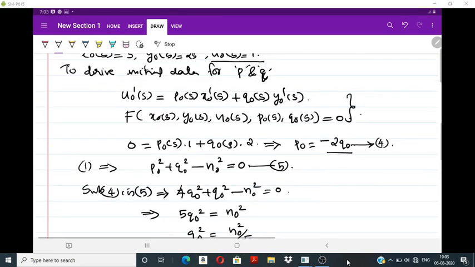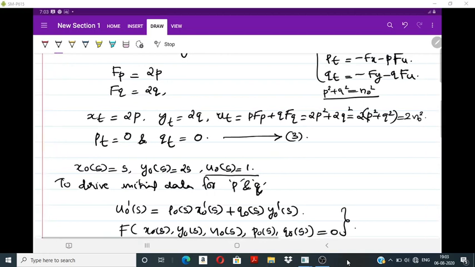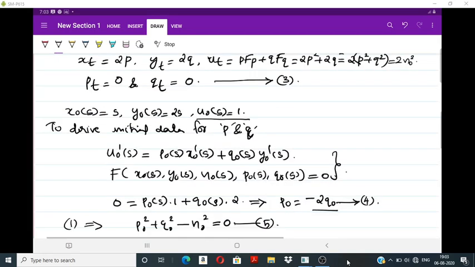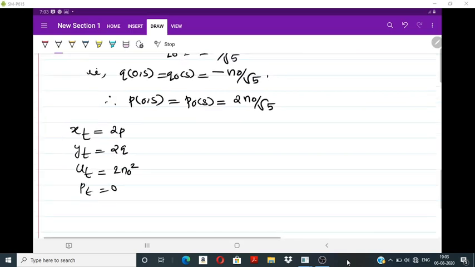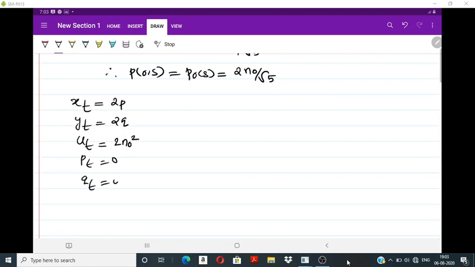What was u t from equation number 3? U t is 2 U naught square, p t equal to 0 and q t equal to 0.